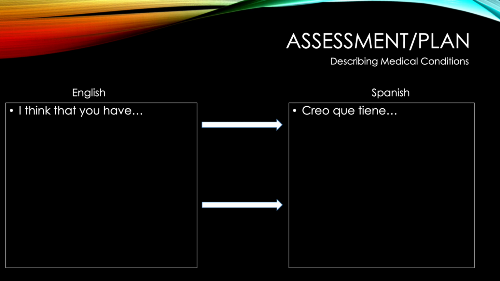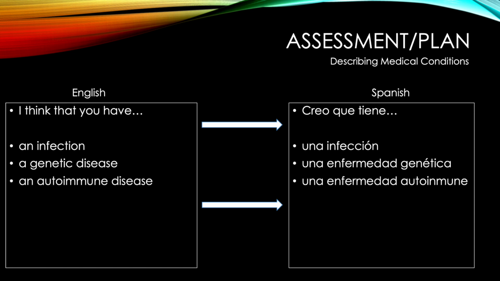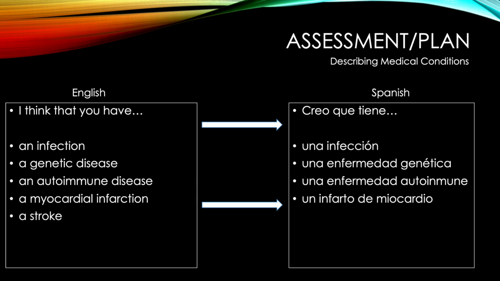So if you want to say an infection, una infección, a genetic disease, una enfermedad genética, an autoimmune disease, una enfermedad autoinmune, a myocardial infarction, un infarto de miocardio, a stroke, un derrame cerebral, or cancer.